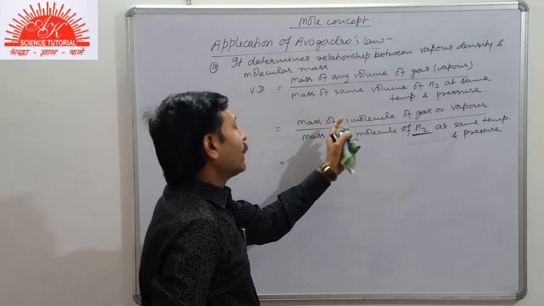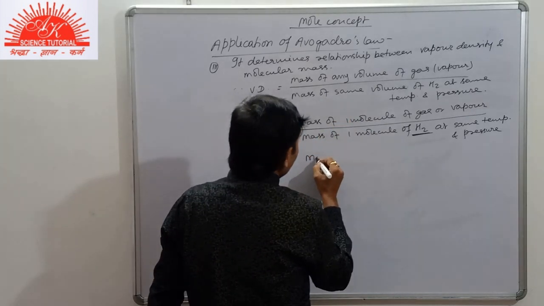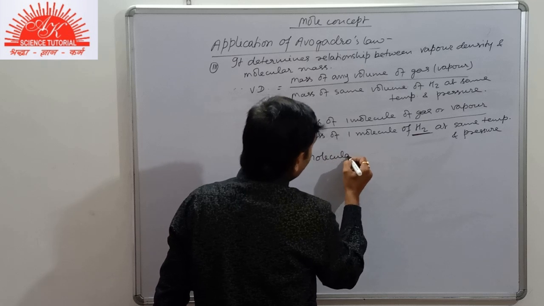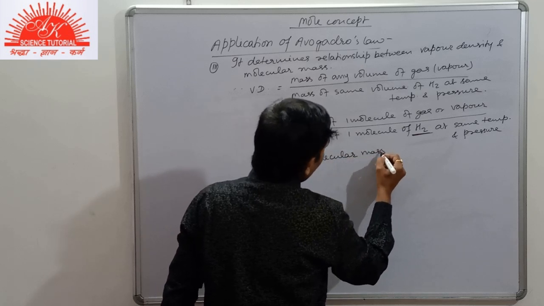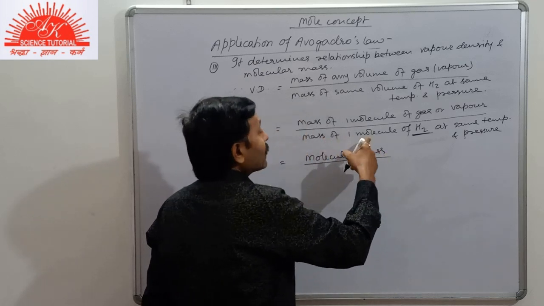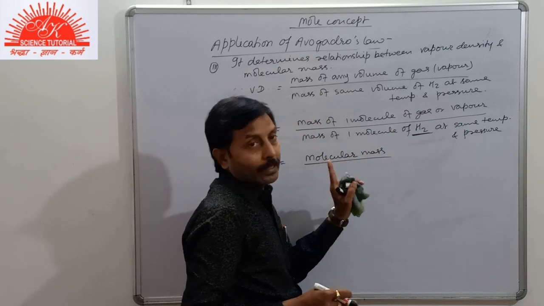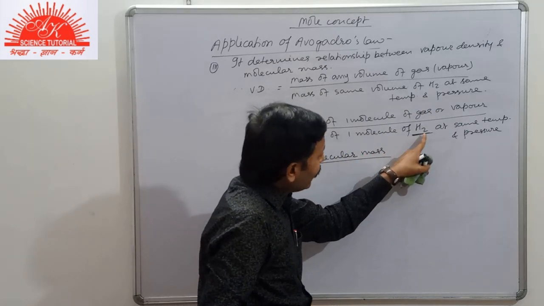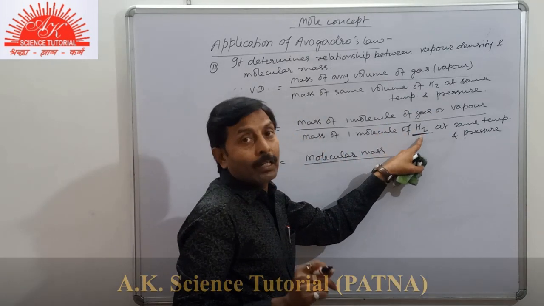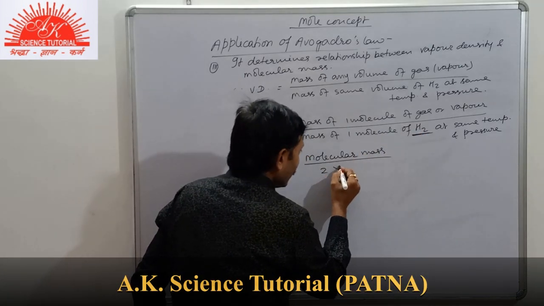Now we know that the mass of one molecule of gas is the molecular mass of the gas. Divided by, since this is the unknown gas, we write it directly, but for hydrogen gas, its atomicity is 2, so we write 2 into 1.